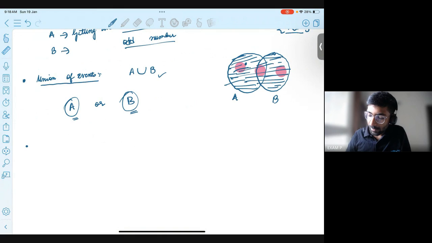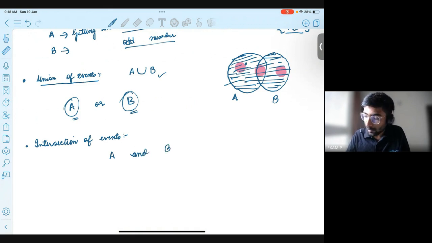Next is intersection. Intersection of events is only those where A and B both happen, not only A and not only B. If you look at it diagrammatically, only that portion where A and B both happen together.